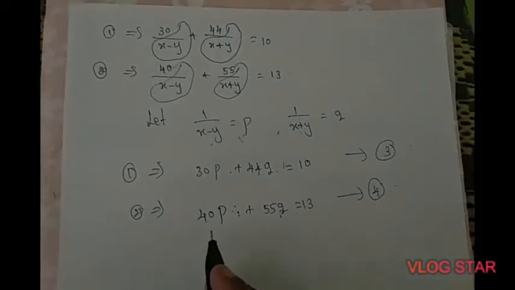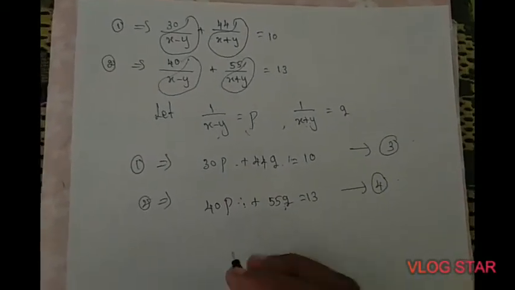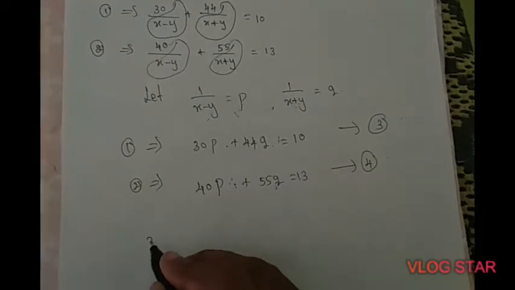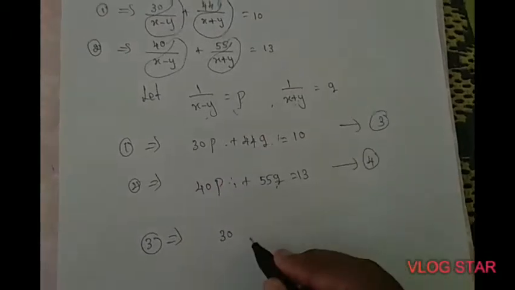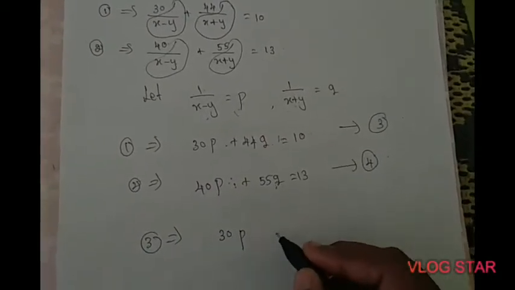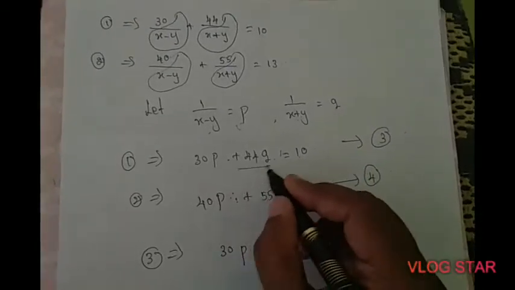Okay. That is easy method. So I will explain using the substitution method. Okay. Then when we consider the third equation, first we have to find 30p. We have to separate the 30p term on the left hand side. So we will get 10. 44q is under addition, that will change to subtraction, minus 44q.